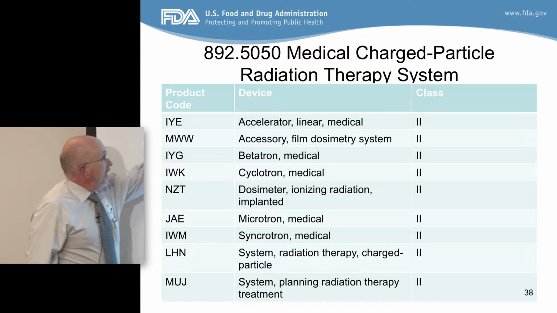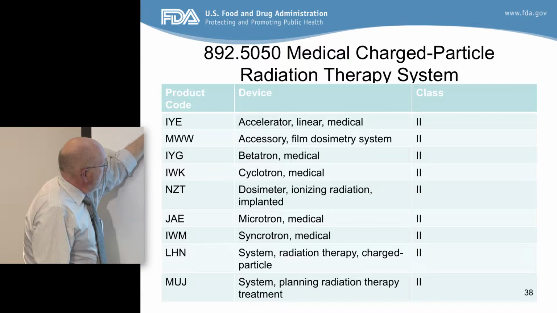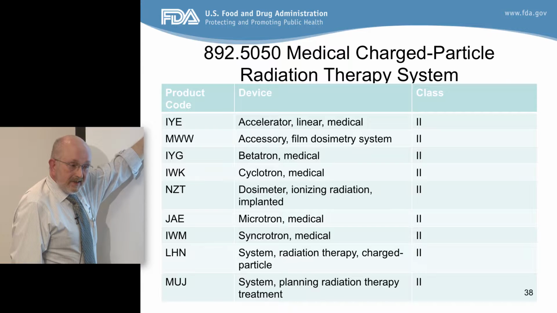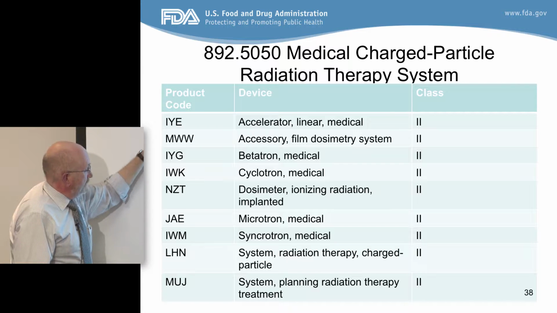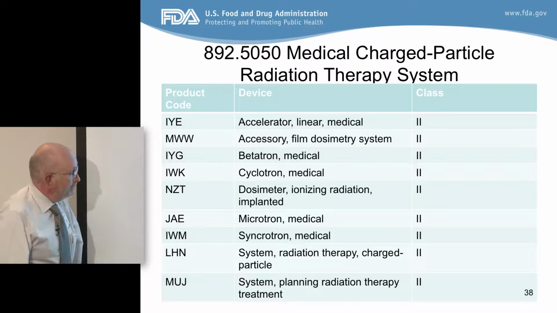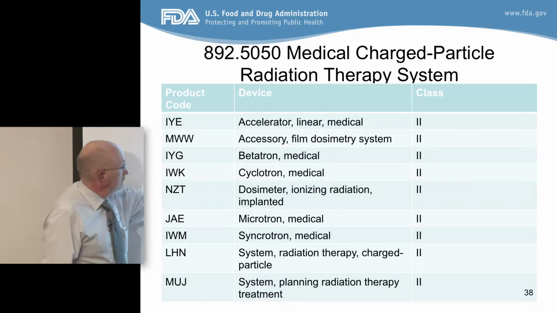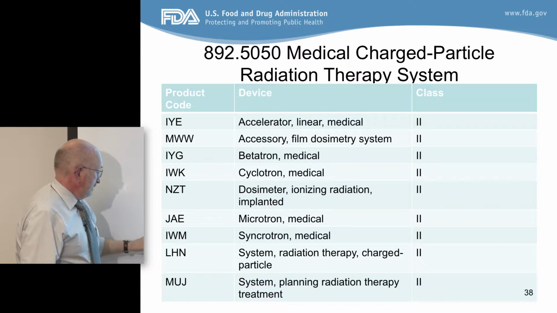When you look at 892.5050, there's a number of subclasses. The product code is FDA's little internal three-letter code to break this, in this case 5050, into finer gradations. You can see IYE, linear accelerator, accessory film dosimetry.